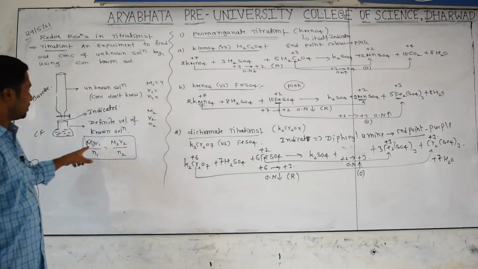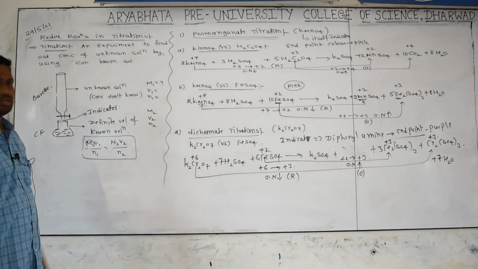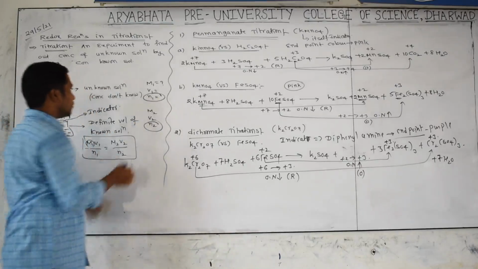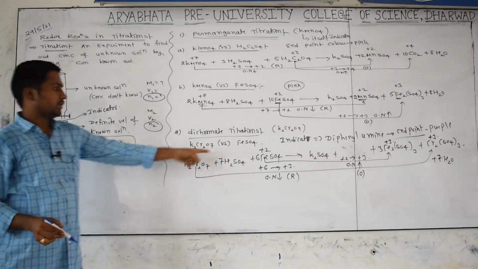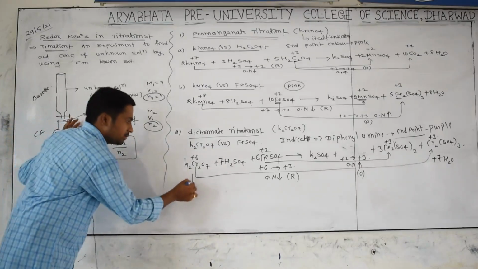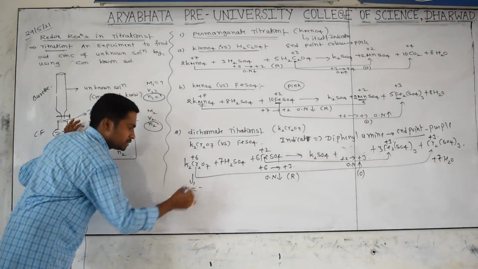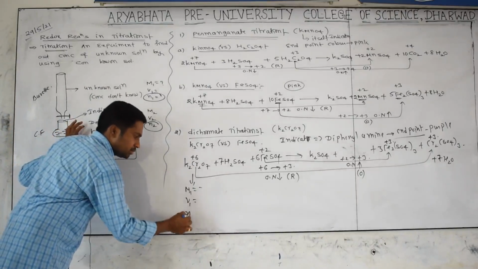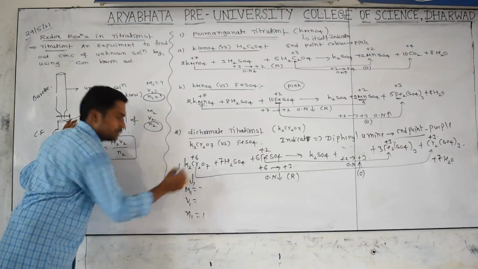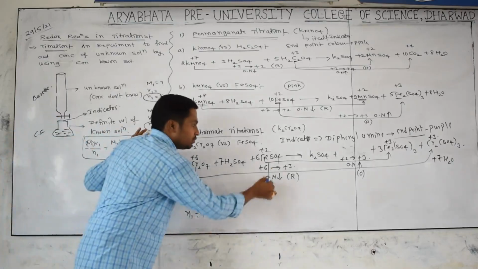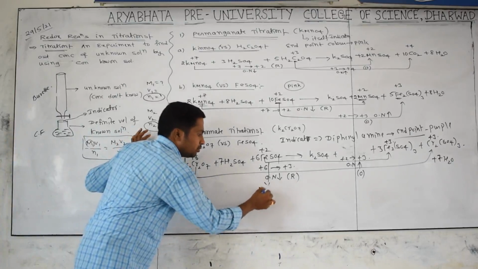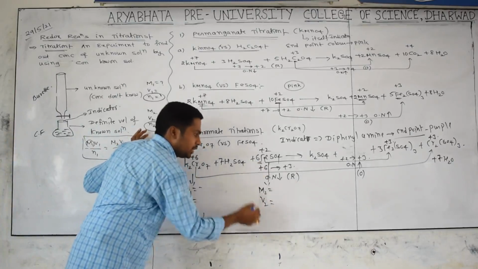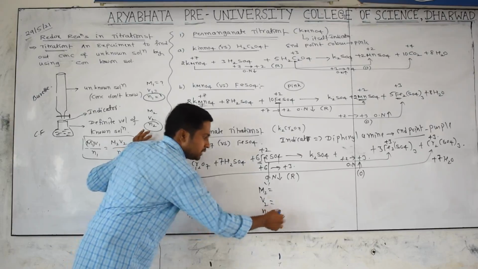Then you use the formula M1V1/N1 = M2V2/N2. Here N1 and N2 are the number of moles of this solution and that solution. For example, M1 is something, V1 is something, and N1 is the coefficient, 1. For FeSO4 you take the concentration and the volume, and the N2 value is 6. Like that we can do it.